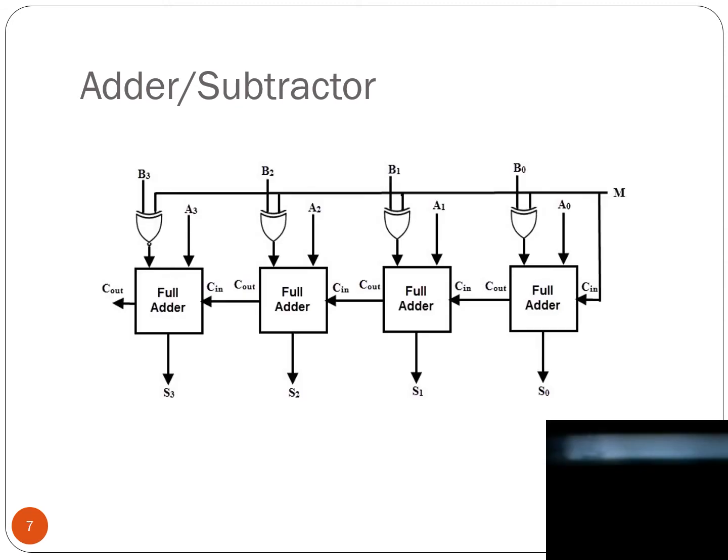Now the second implementation. We do not need a multiplexer, but we have an XOR gate. When the select bit equals 1, that is, we are doing subtraction, the XOR gate has one input set to 1, and that XOR gate can flip each bit of B. Why?